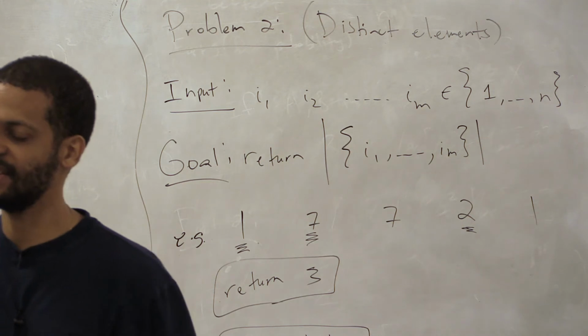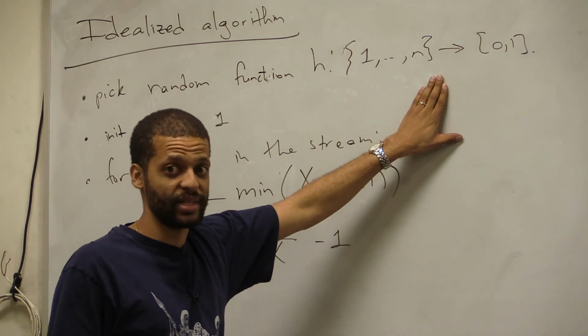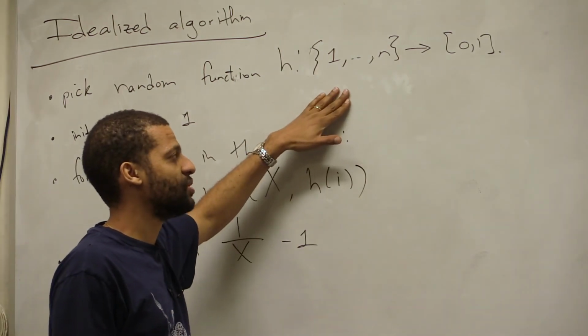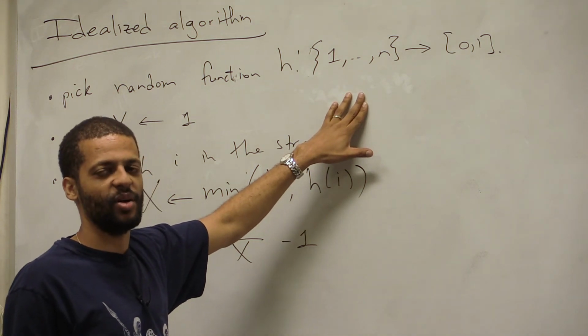So I need to actually remember h. Naively, there's h of 1, h of 2, h of 3, all the way up to h of n. There are n numbers there.